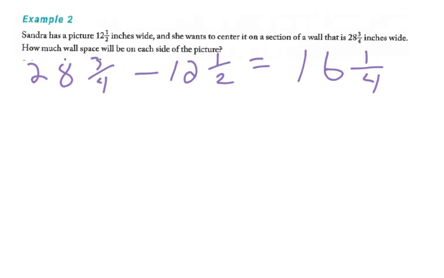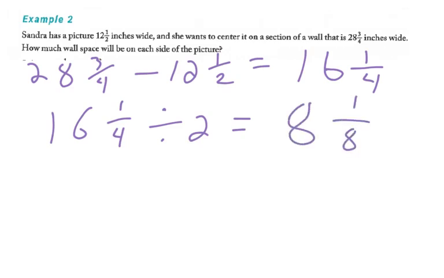And so to center this picture, what we have to do is we have to get half of the width of the wall not covered by the picture. So we're going to take that 16 1/4 and we're going to get half of it. And so to get half of it, we divide by 2. So when we divide by 2, we get 8 1/8.